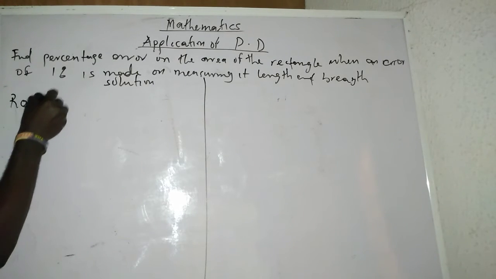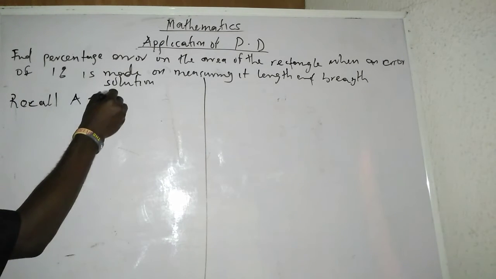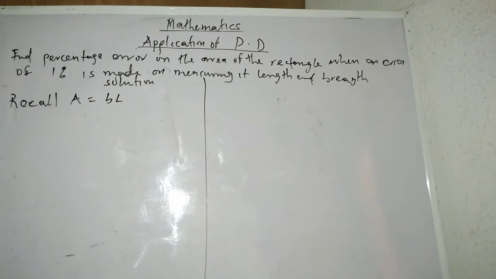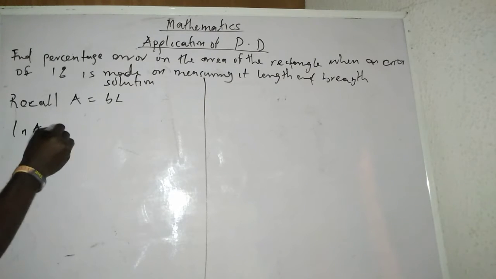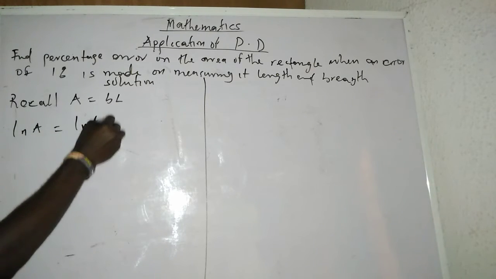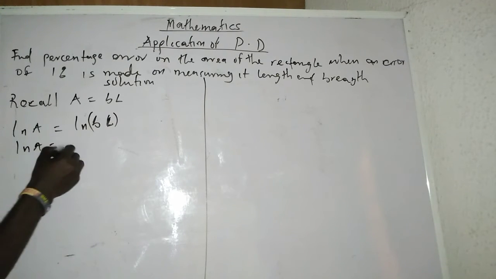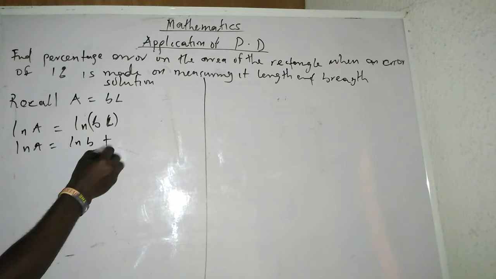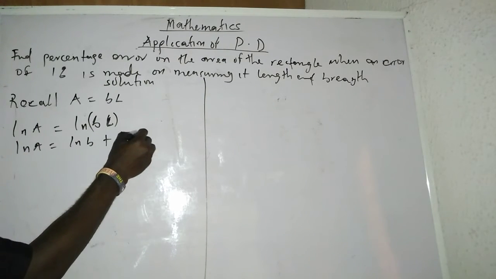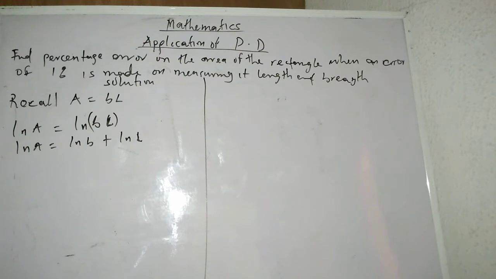Recall that my area is equal to breadth times length. Now, taking the logarithm, if I should log both sides, I'll be having ln A equals ln BL. Now, ln A equals ln B plus ln L.